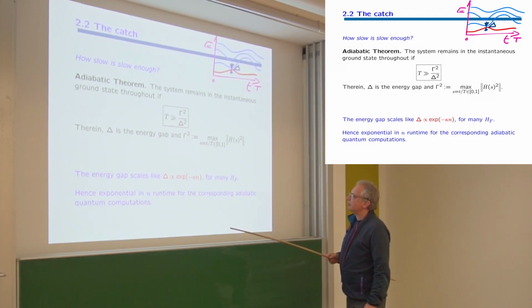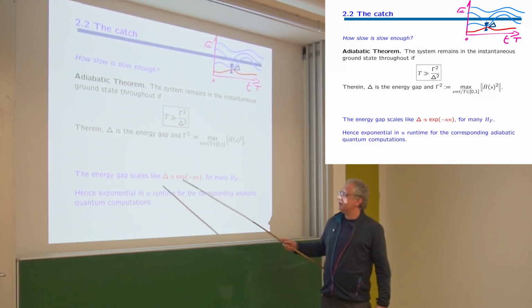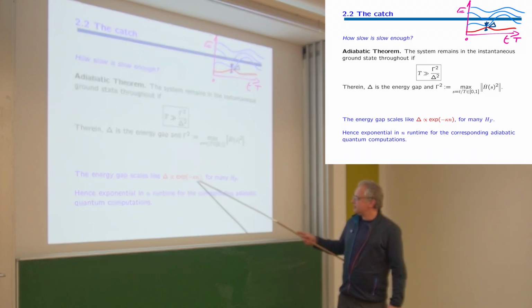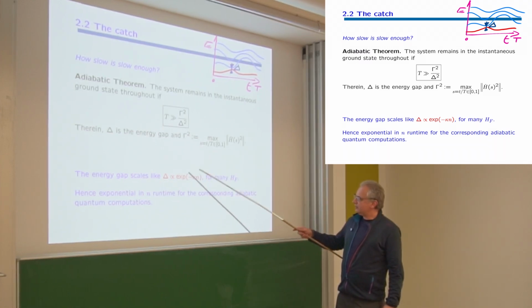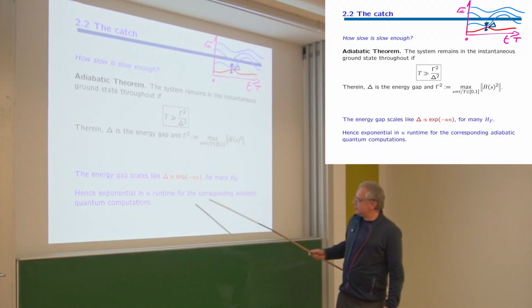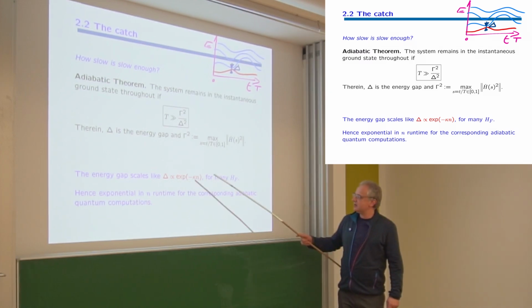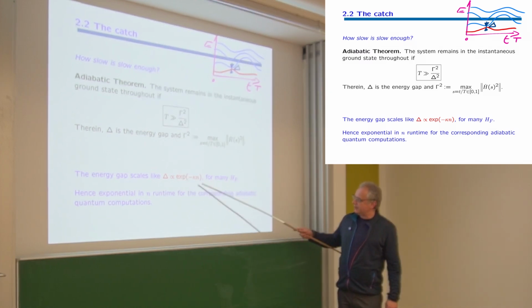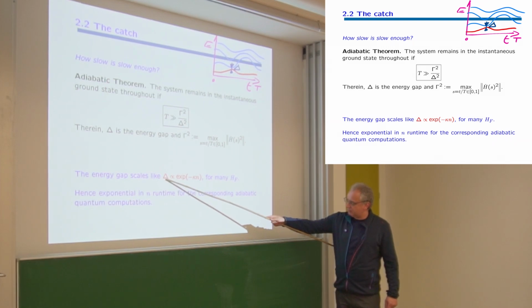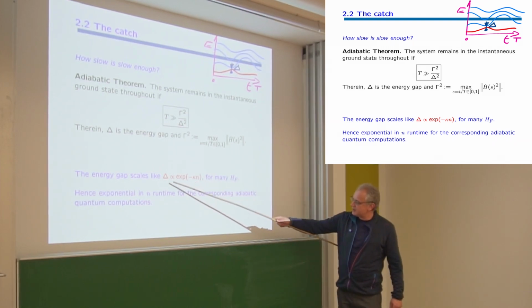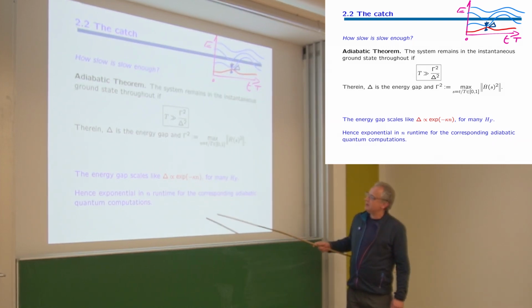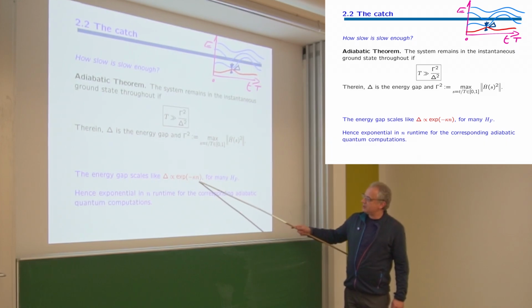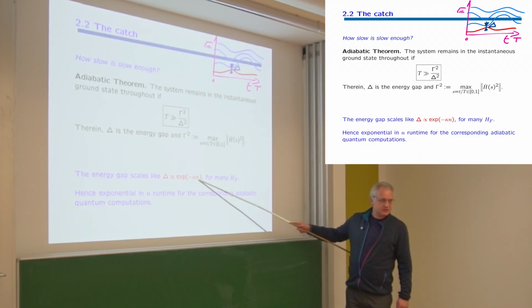Phenomenologically it is the case most of the time. In certain instances, and generally that's hard, but in certain instances you can prove it. But the dominant behavior that we see is that the energy gap is exponentially small in the system size.